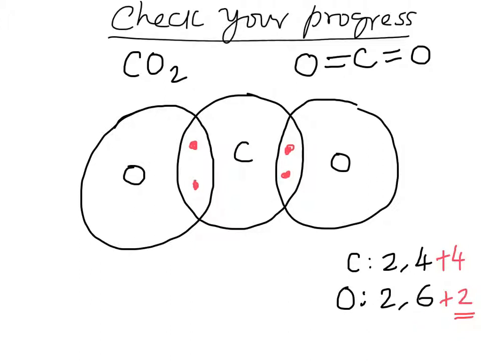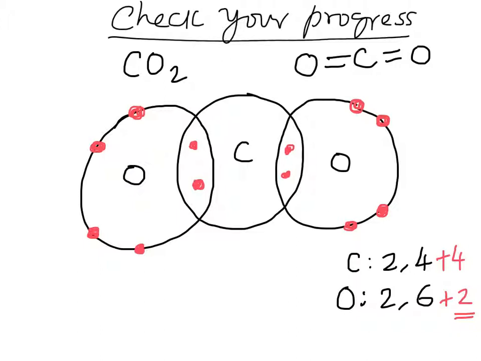Now that leaves us with 4 electrons. The 4 electrons can be put anywhere on the outer shell, as I'm only showing the outer shell now. And for this oxygen, I'm going to use the same dots, like so. So in total, we've got 6 electrons of oxygen here, 2 of which are shared with carbon.